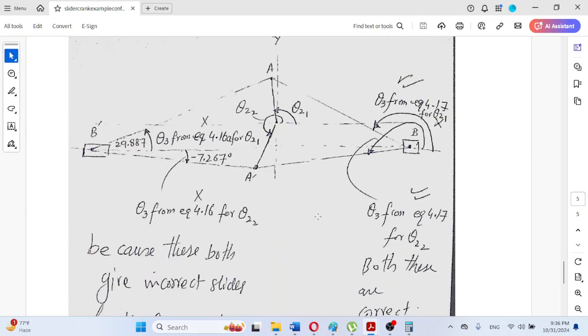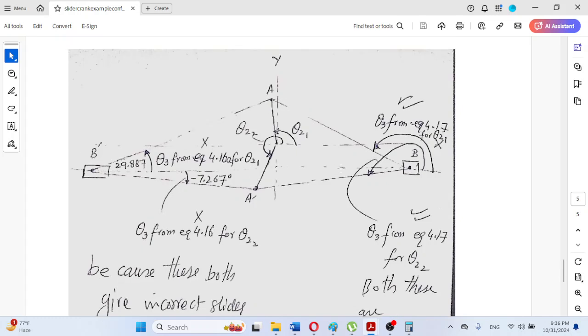Here I have shown and plotted the value for this, and as we can observe here, this is theta 3 from equation 4.17 for theta 2 1, means for this upper circuit. This is the x-axis, this is not crossed, so this value is also acceptable.